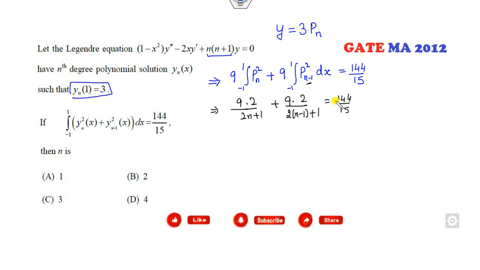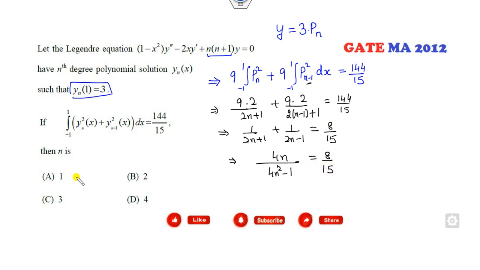So the numerator is 18, 18 can be cancelled out, so it will be 2n plus 1 and 2n minus 1, it is 8 over 15. Or you can simplify it, this is 4n squared minus 1, it is 8 over 15.